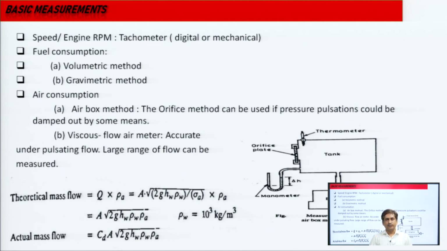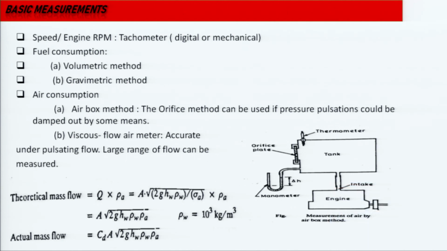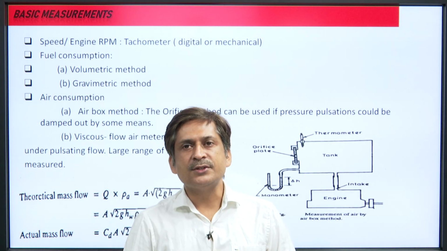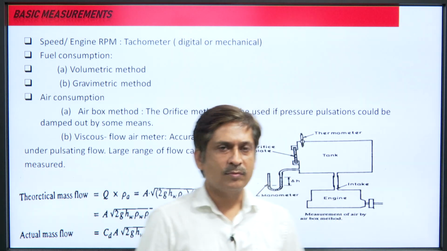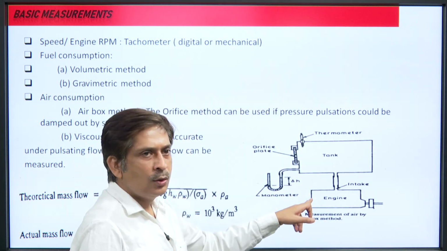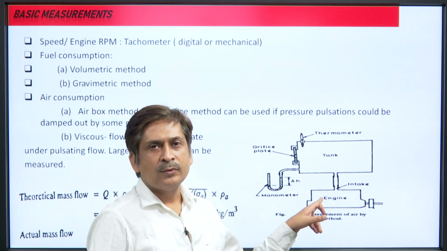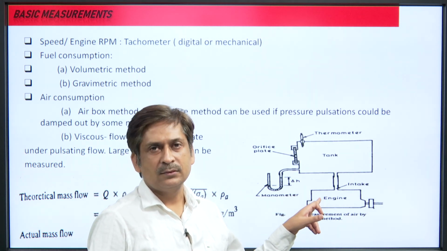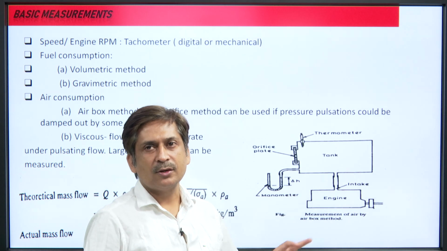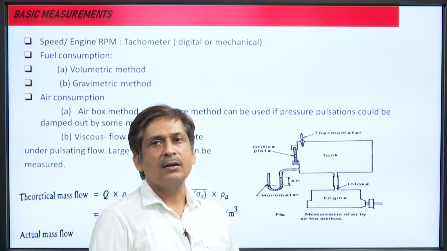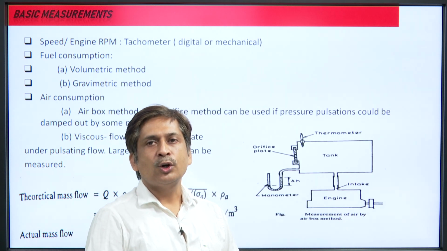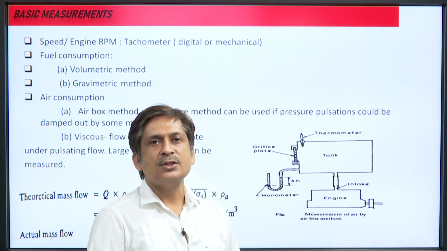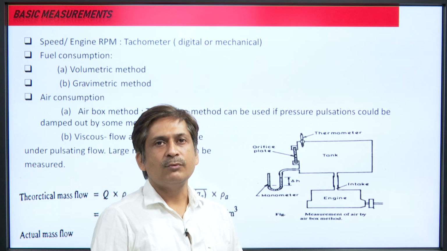Then come to the fuel consumption, because the engine always consumes fuel, and at the same time it consumes air, because to run the engine we need air and fuel. So, you should know what amount of fuel is consumed per unit time by the engine and what amount of air is consumed by the engine.